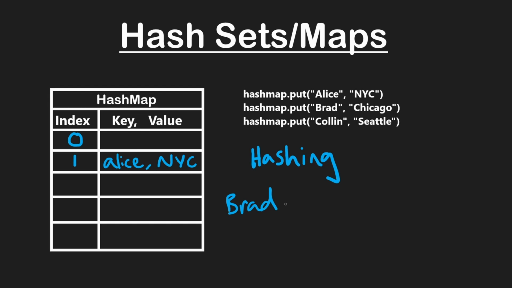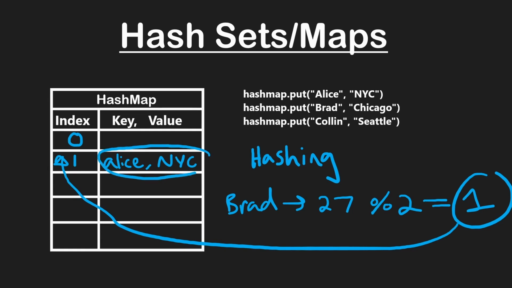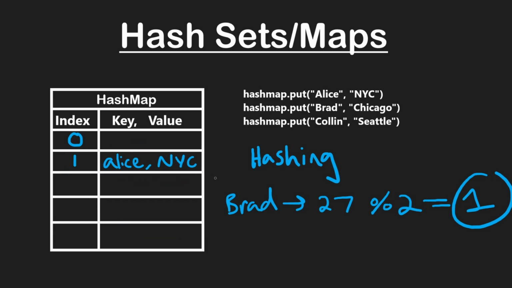But let's say we took Brad and the integer that it turned out to be was 27. Now we mod this by 2, we get 1 again. So what are we going to do? We're going to say, okay, at index 1, let's insert Brad. But Alice is already at index 1, so we can't really do that without losing the information we've already stored.